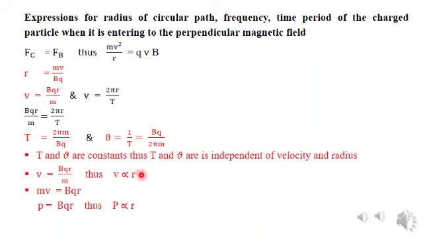When you rearrange the equation of velocity, expression is mv equals bqr. Since b and q both are constant, we can write mv means momentum is proportional to radius r.